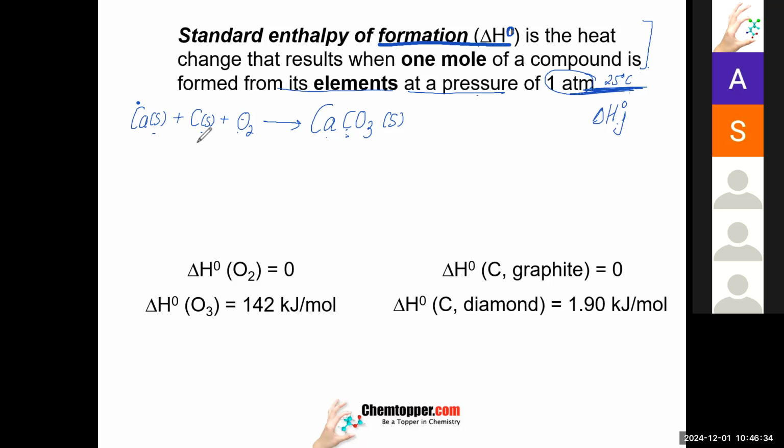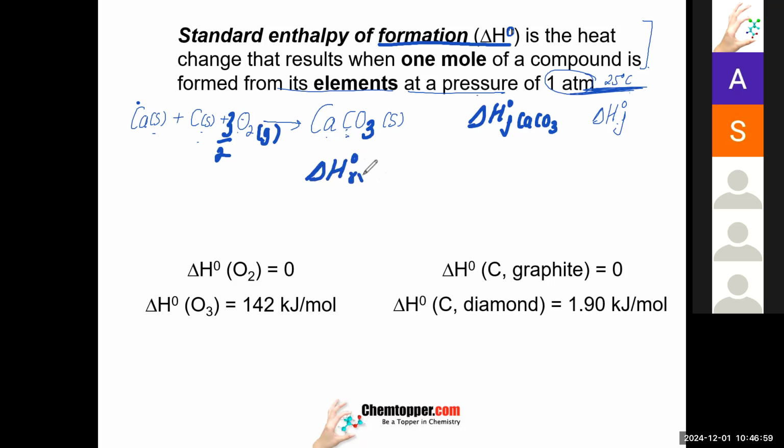This is the equation for the formation of calcium carbonate, 1 mole. Balance it. And I'm going to call it delta H naught formation of CaCO3. And I'm going to use this equation now based on state function.